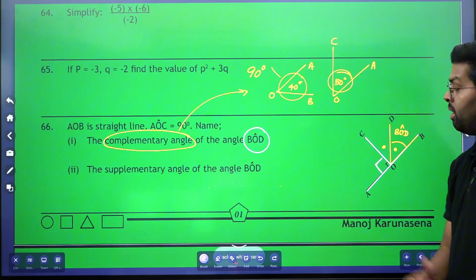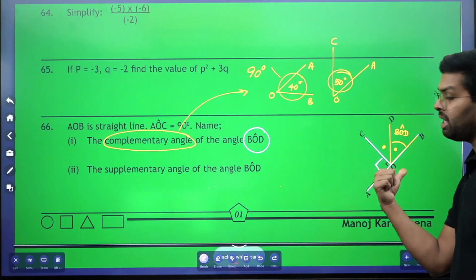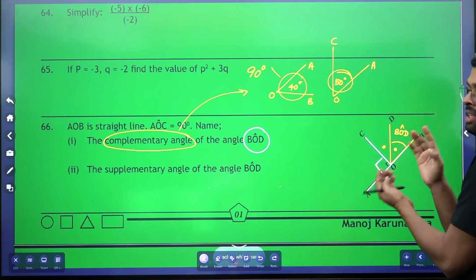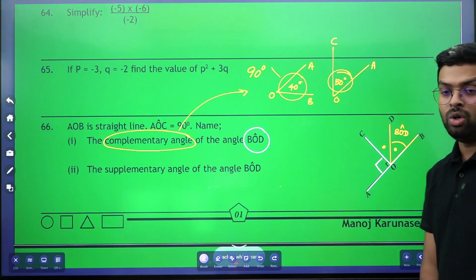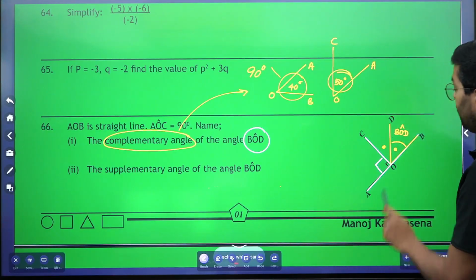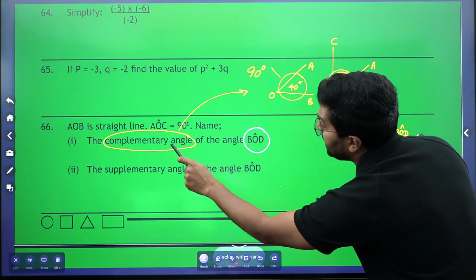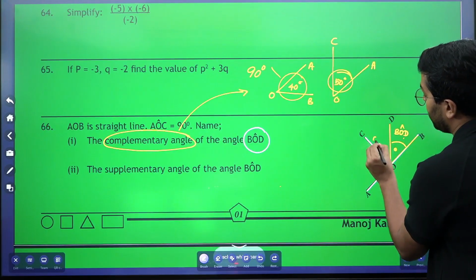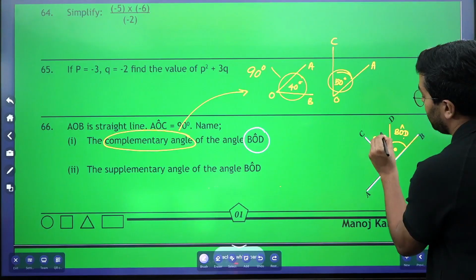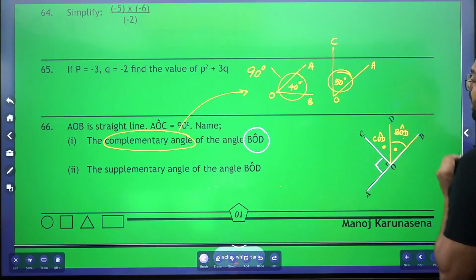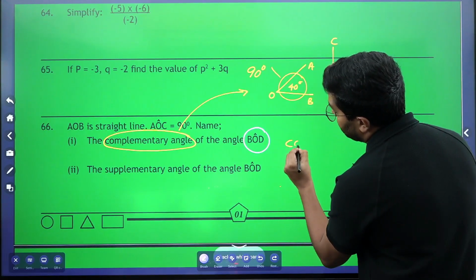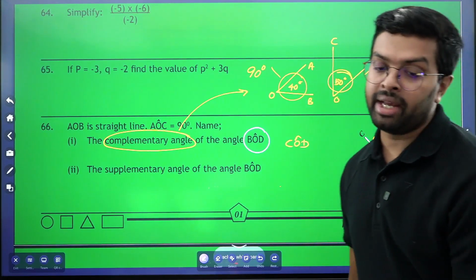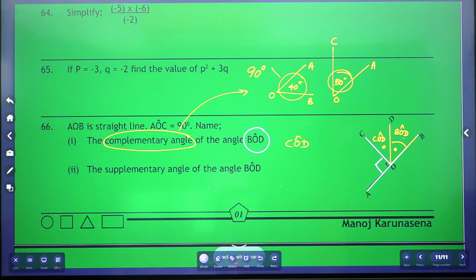Because this white color angle AOC is 90 degrees, that means the opposite angle COB should be equal to 90 degrees as well. Now, what is the complementary angle of angle BOD? The complementary angle of angle BOD is this remaining angle, that is COD. Correct?